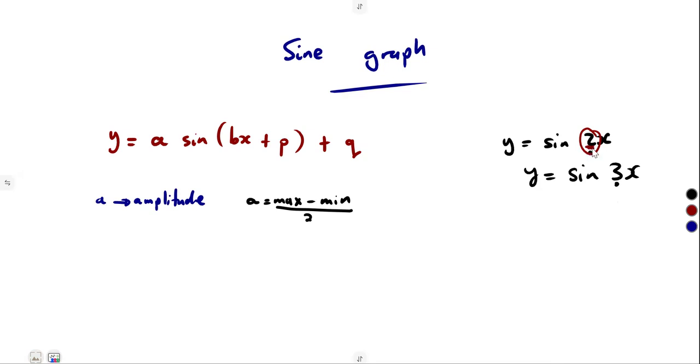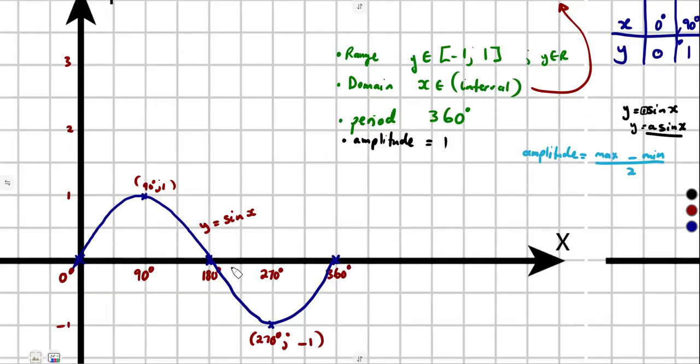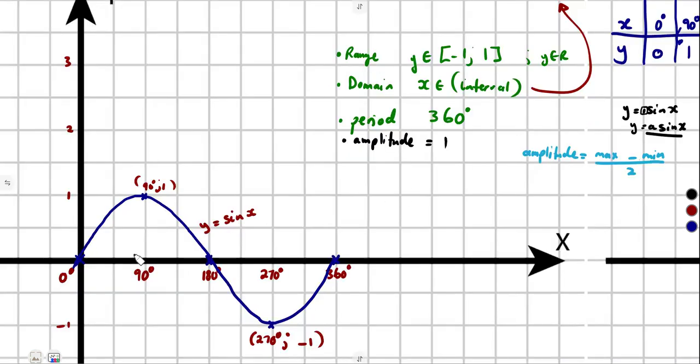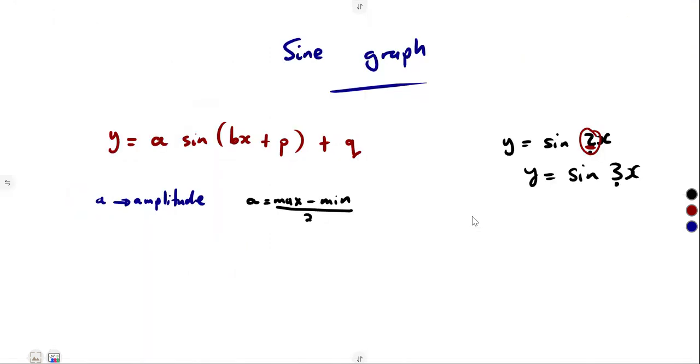Meaning, when you're given 2x, it means 2 cycles are going to be completed. Remember the graph of sine x: in 360 degrees, it has 1 complete cycle. But when it is sine 2x, in those 360 degrees, it is going to be 2 cycles. We are going to have 2 graphs completed there.